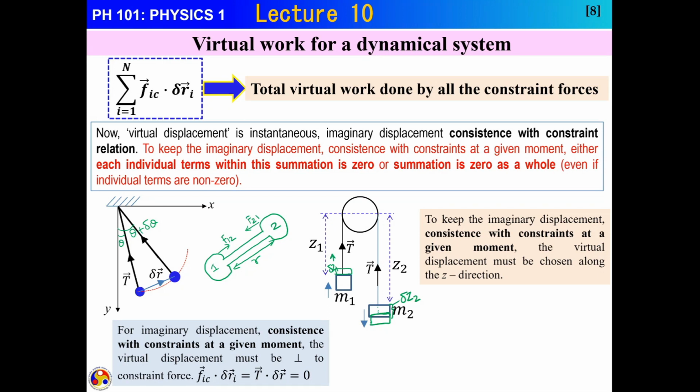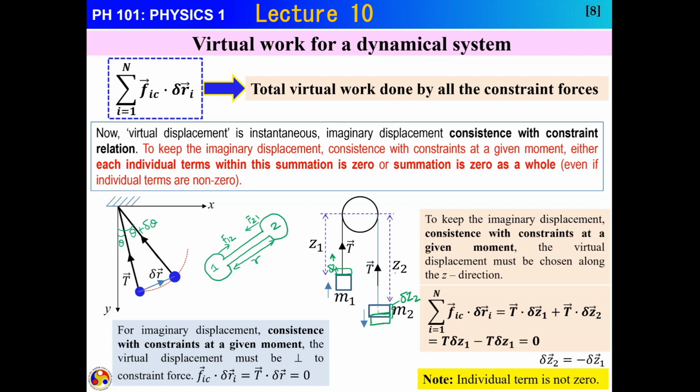So in this situation, if you see the constraint forces, here also T dot delta Z1 plus T dot delta Z2, both terms exist, but because delta Z1 and delta Z2 are opposite, the summation of the total virtual work done turns out to be 0. The individual term is not 0, but the total virtual work done by the system is 0.